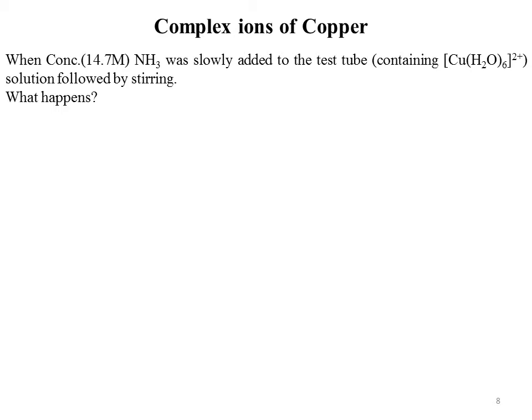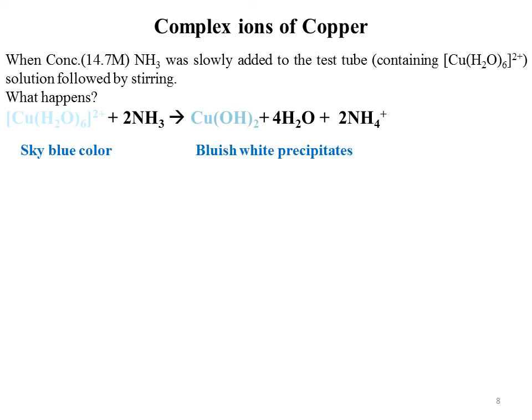When concentrated ammonia was slowly added to the test tube that contains the hexaaquacopper 2 ion solution, followed by stirring, let's see what happened. After the addition of ammonia, you can see there was an appearance of a bluish white precipitate.